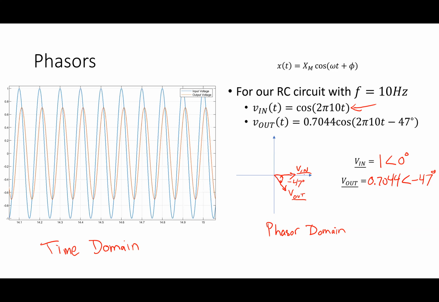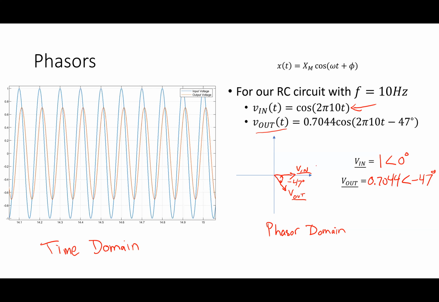Looking at the picture in the time domain on the left, is the red V out, the output voltage, leading or lagging? Lagging. It's always going to be behind the other one. So this one is negative 47, meaning it's in a negative direction.